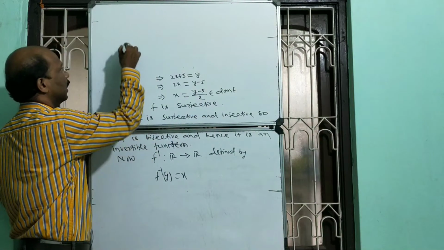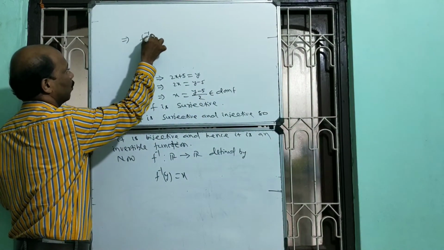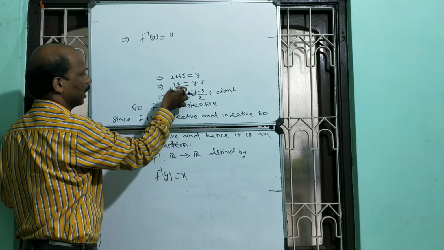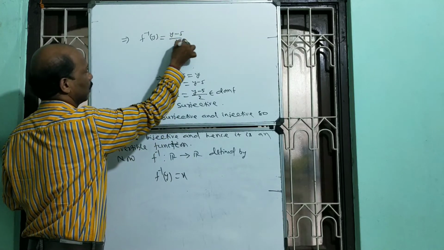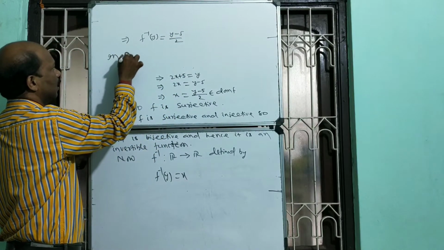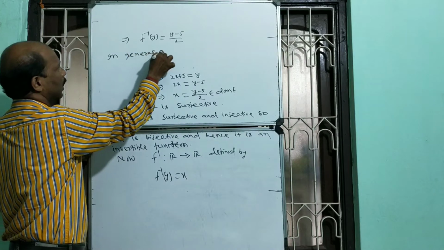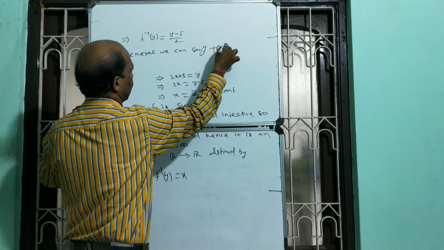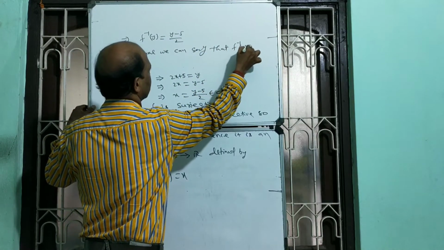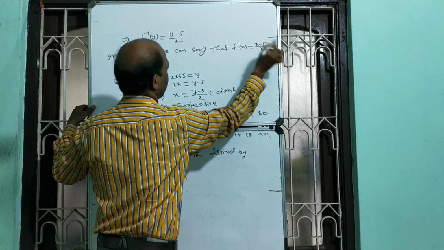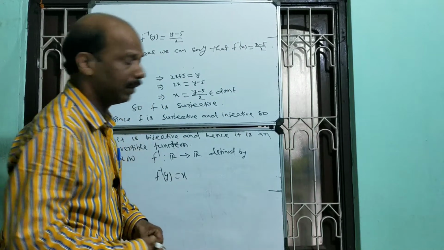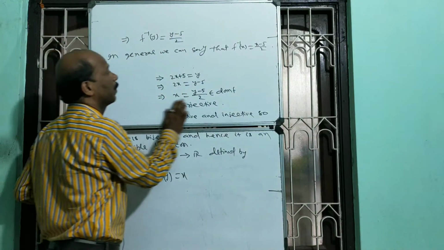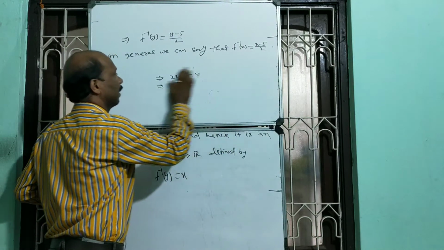So f inverse of y is equal to, in place of x we write, (y minus 5) by 2. That is the inverse. In general we can say that f inverse of x is equal to (x minus 5) by 2. That means if f of x equal to 2x plus 5 is an invertible function, then f inverse of x is equal to (x minus 5) by 2.